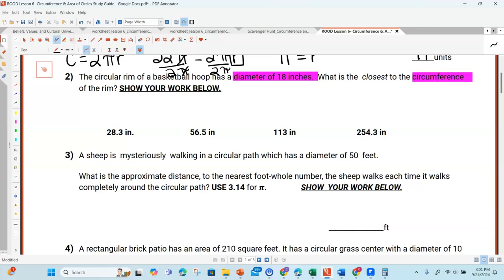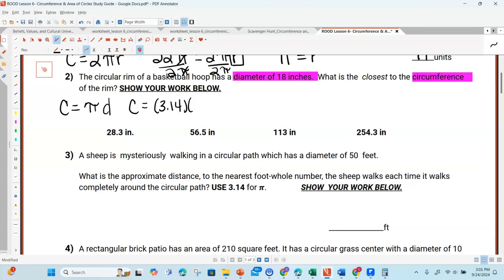When we're looking at formulas, I have circumference. I know I'm going to use C equals, and the diameter is 18 inches, so the formula that makes sense to me is pi times d. So C equals, we're going to use 3.14 to substitute because we're getting closest, and there are no pi's in the answers.